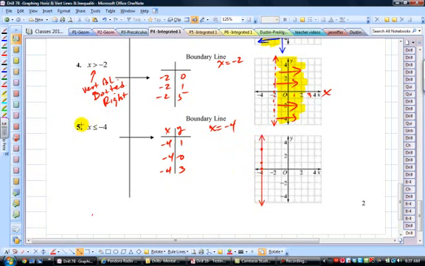So make it vertical. It's less than or equal to, so it's solid, which means that they're on the line. It's less than or equal to, so it's to the left. So you shade it to the left. All right, no big deal. So the solutions are over here now because it's to the left of negative 4, or less than or equal to negative 4. And that's all there is to it.